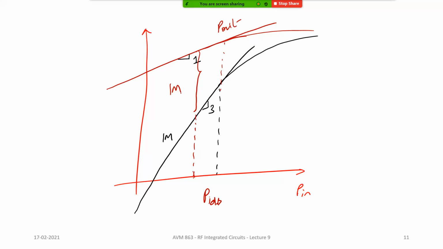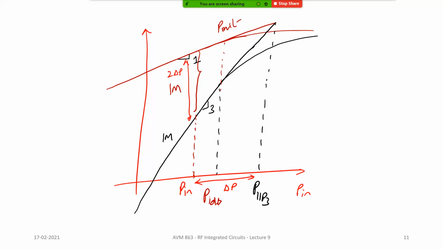If you recall our discussion, this is our IIP3 point. And if you recall, I put something like delta P. If you take any arbitrary P in, and this is delta P, this distance becomes 2 times delta P, correct?